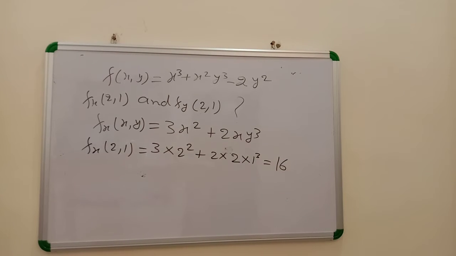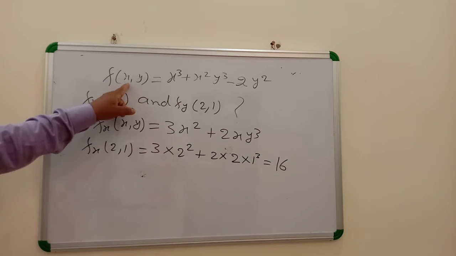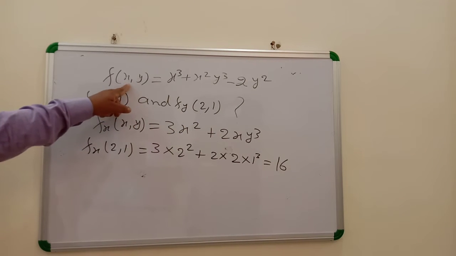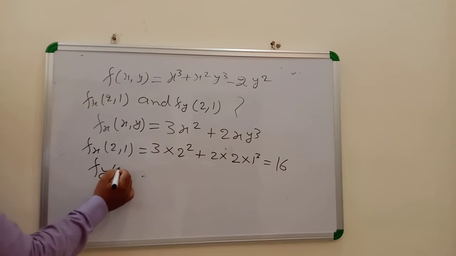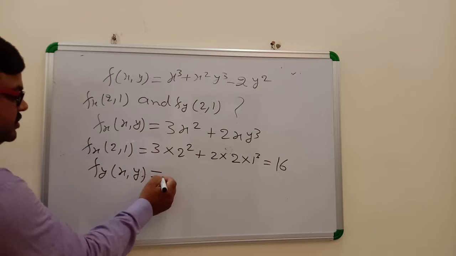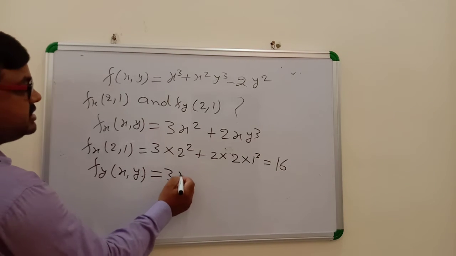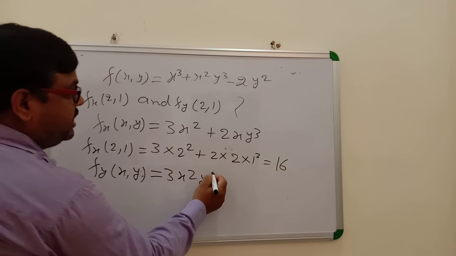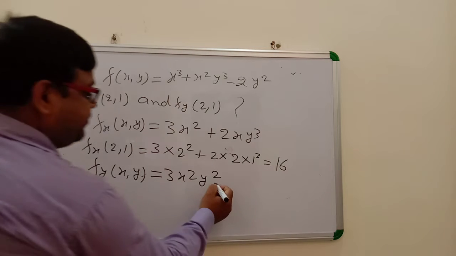Similarly, if we want to find f_y(2,1), then differentiate this function with respect to y, treating x as a constant. So f_y(x,y) equal to 3x square y square minus 4y.